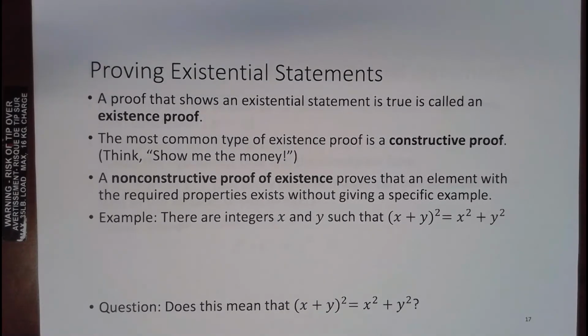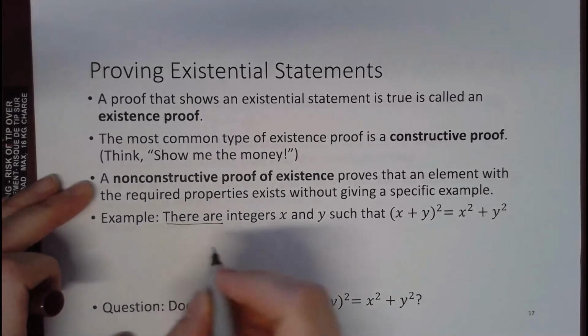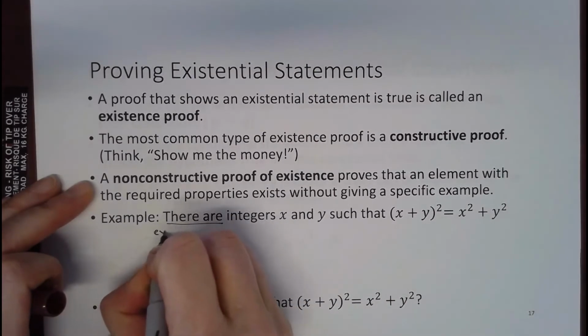Okay. So, for example, there are integers x and y such that (x + y)^2 = x^2 + y^2. This is an existential statement.